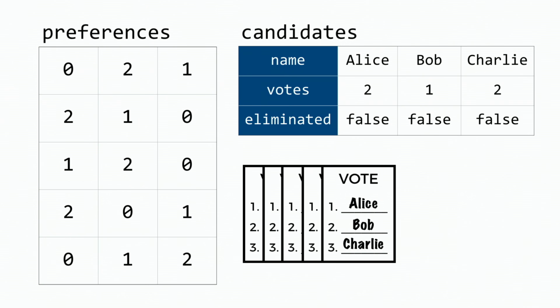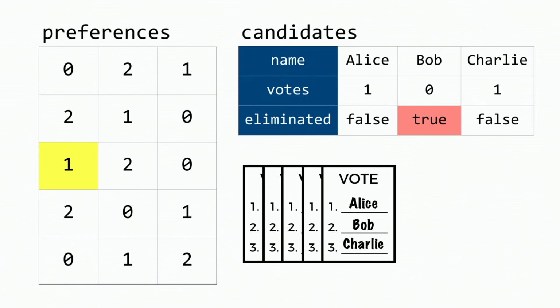But what happens in a more complex scenario, where, for example, Bob may have been already eliminated from this election, and we want to tabulate these votes again? Well, we'd go through the array, much as we did before, and see that the first voter was voting for Alice, and the second voter is voting for Charlie, the candidate at index 2, and the third voter is trying to vote for the candidate at index 1, who in this case is Bob.